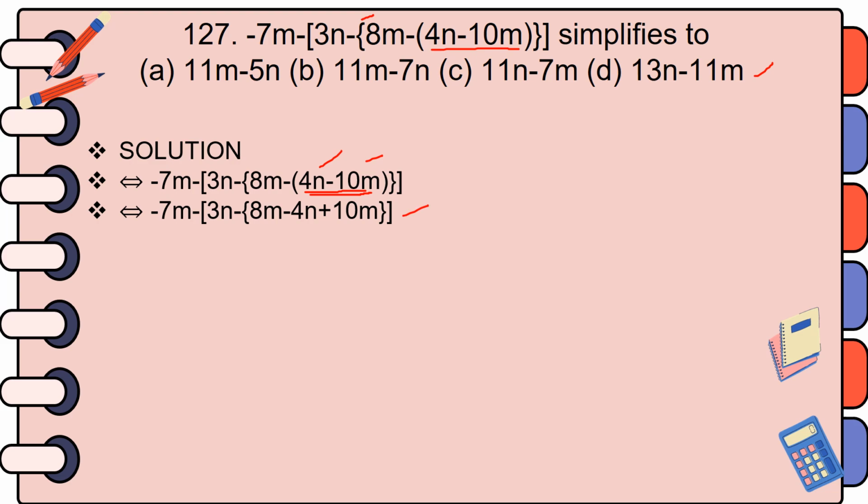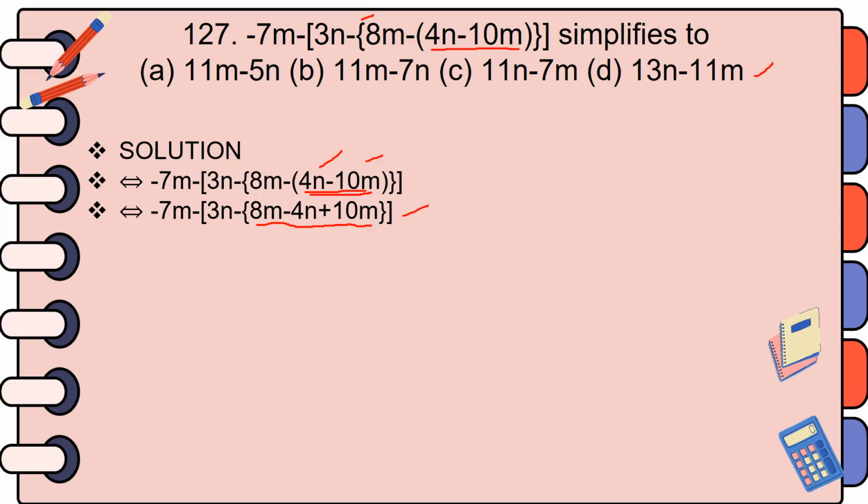And our new equation becomes minus 7m minus, in a bracket, 3n minus, in a brace, 8m minus 4n plus 10m. Now we have these values in a brace, 8m minus 4n plus 10m.